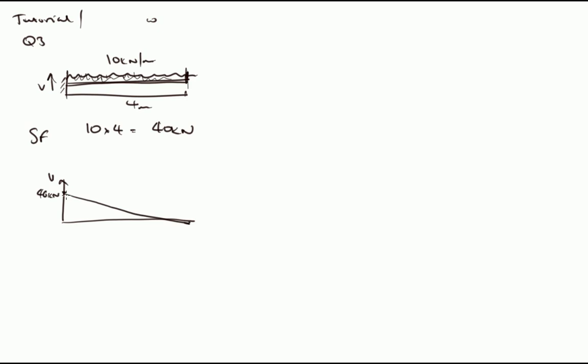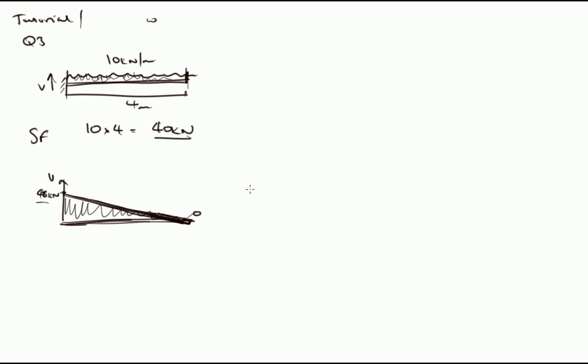Okay, let's try and draw that better. It's actually quite hard to draw on this tablet, but we end up with a shear force that peters out to 0 at this end of the beam here. Okay, and starts at 40 here, 40 kilonewtons.